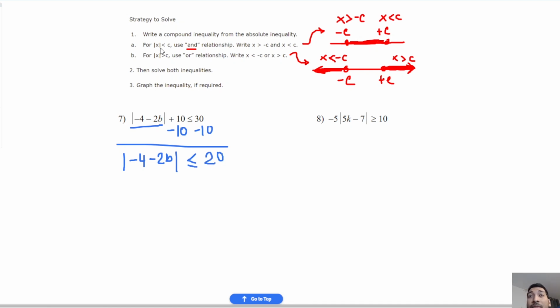Now we see that we have these absolute value quantity less than the constant value, so we use AND relationship. In this case, we use this formula right here.